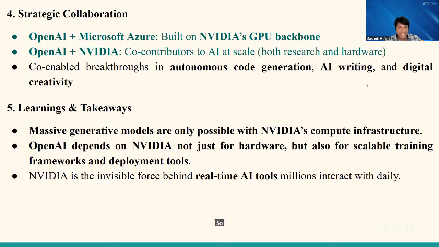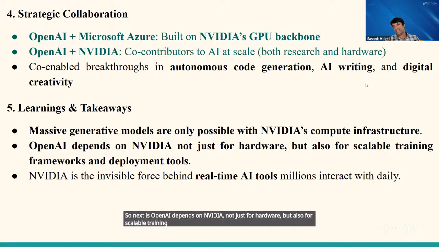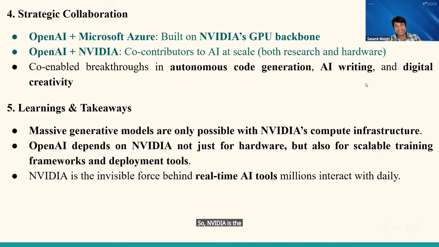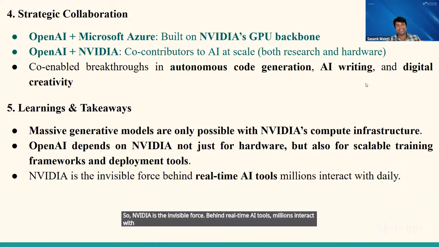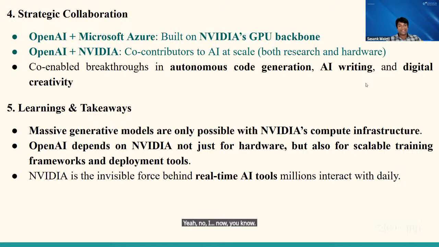So next, OpenAI depends on NVIDIA not just for hardware, but also for scalable training frameworks and deployment tools. NVIDIA is the invisible force behind real-time AI tools millions interact with daily.